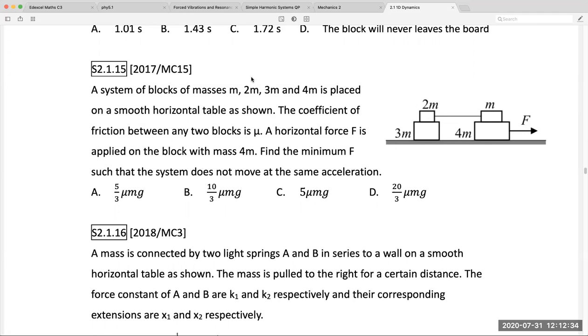There's no friction between the blocks and the ground, right?